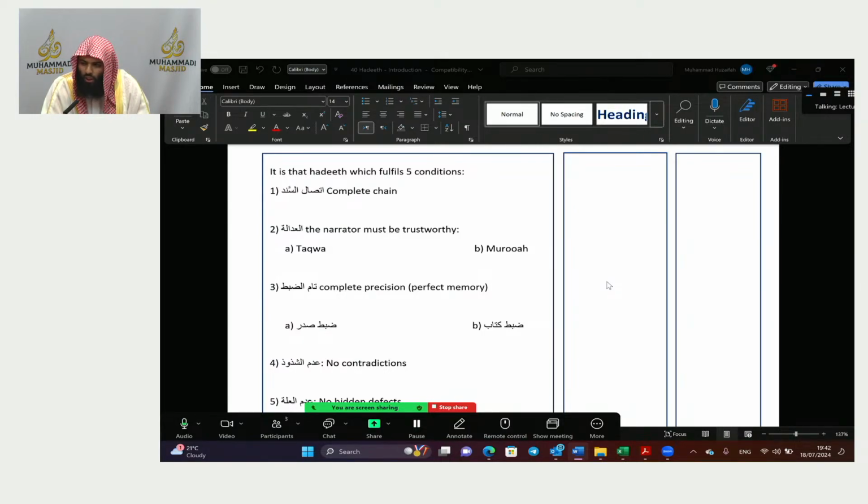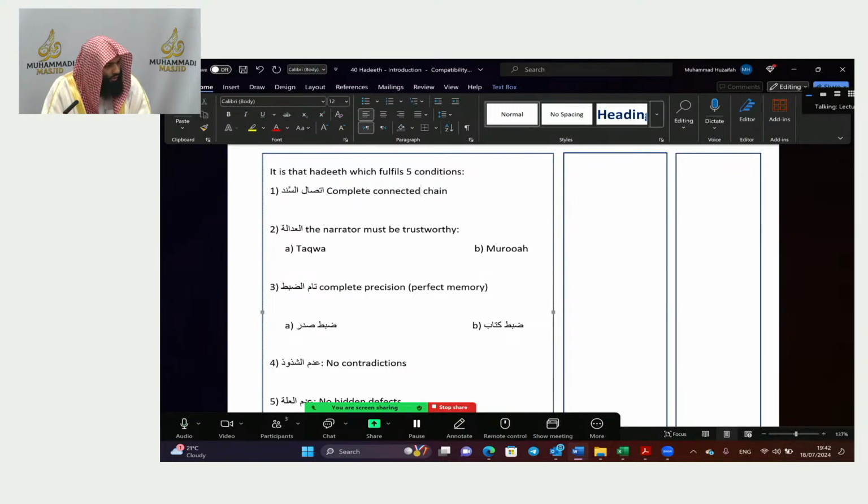When you say complete chain, you mean a complete connected chain. Ittisal, which means to connect, and then the word sanad. Remember we explained the word sanad? It means the chain of narration. What this basically means is that every single person in that chain of narration is present.